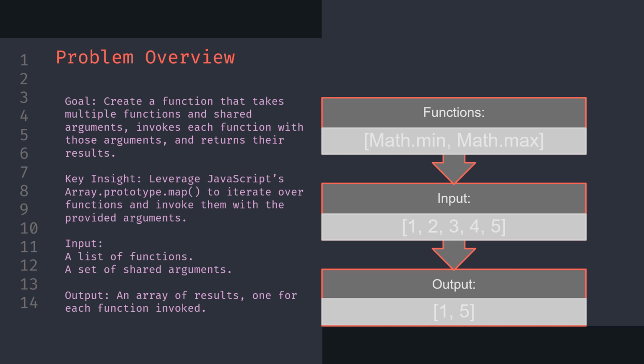If we provide the array 1, 2, 3, 4, 5 as input, method_min should return 1, which is the smallest number, and method_max should return 5, the largest number. This problem helps us explore higher order functions, which are essential for writing modular and reusable code in JavaScript.